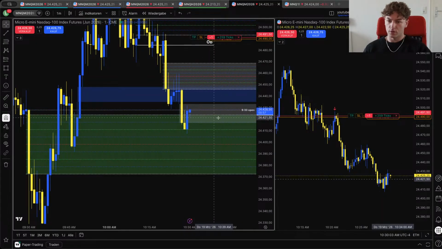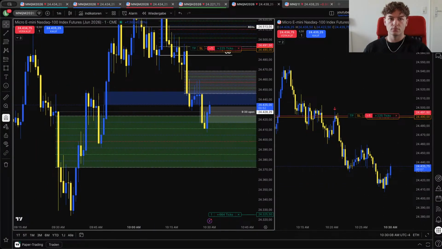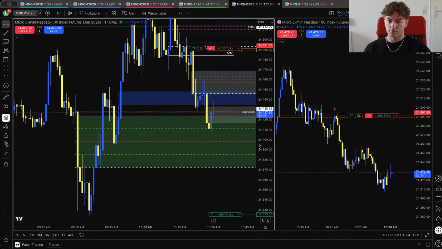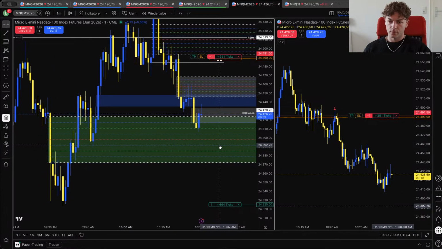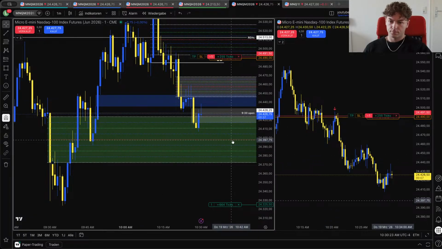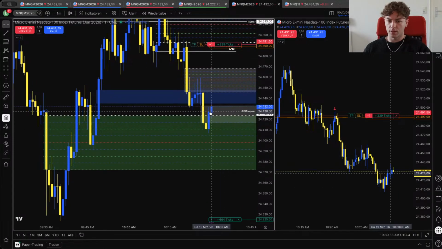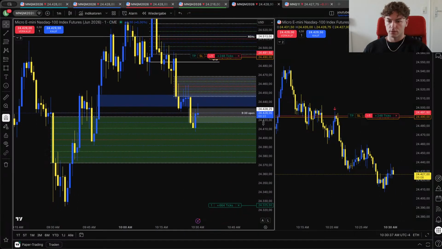Okay, body closure below. That's also indicating weakness right now. If the bodies stay below this 9:30 opening price, that's what we want to see.